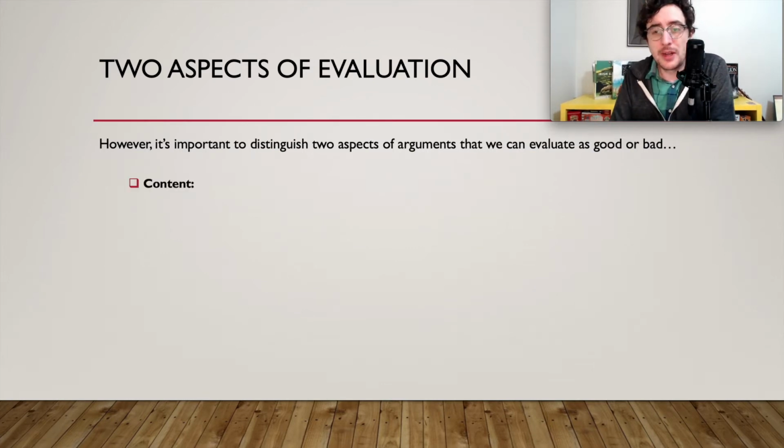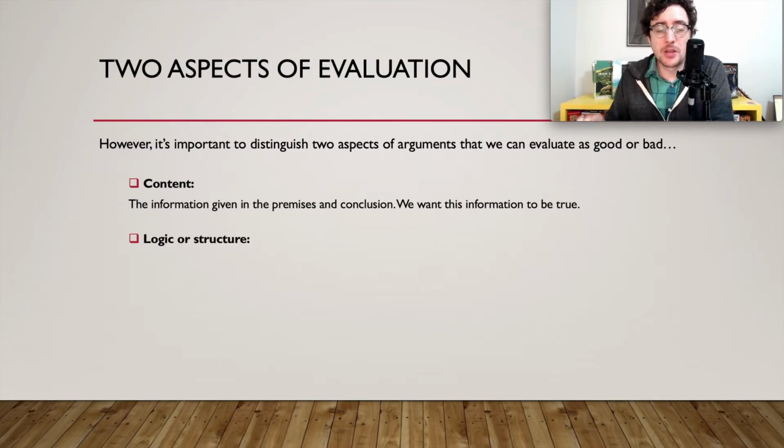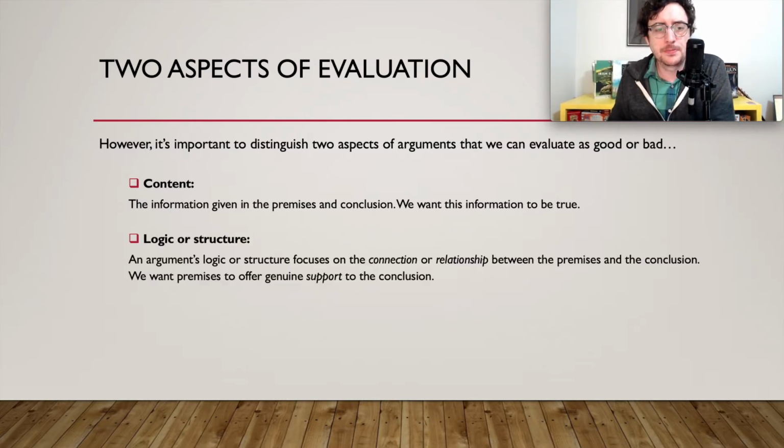So two important aspects here are the argument's content, which has to do with the information given in the premises and conclusion. Obviously, an argument with good content will be one where the information it gives is true. But we also want to look at the argument's logic or structure, because an argument's logic or structure focuses on the connection or relationship between the premises and the conclusion.